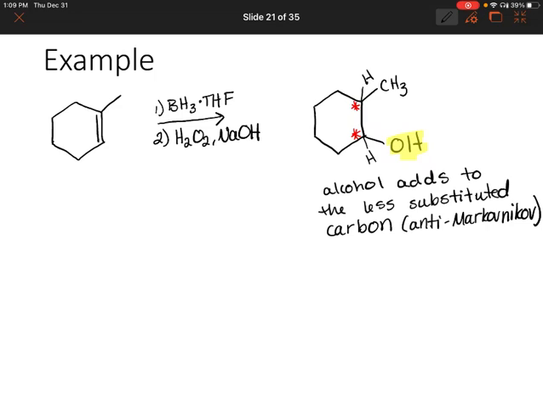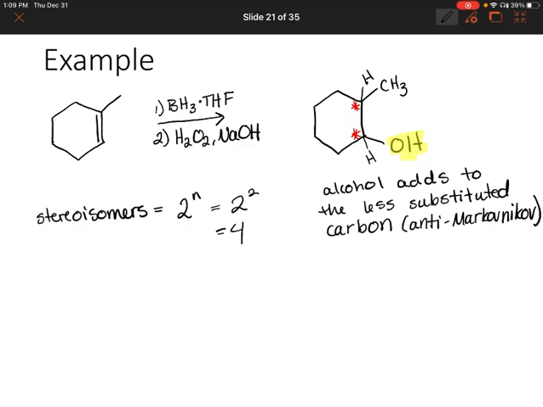So we could actually end up forming 4 different products, right? We have 2 stereocenters, and remember the number of stereoisomers equals 2 to the n, where n is the number of stereocenters. So we have 2 to the 2. So we could end up with a total of 4 stereoisomers.